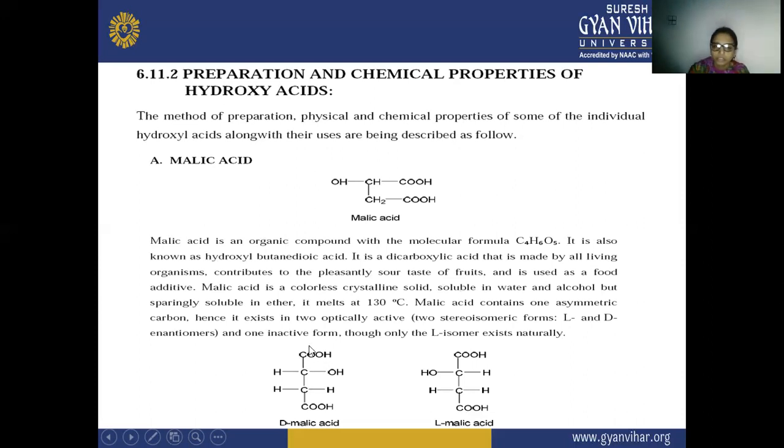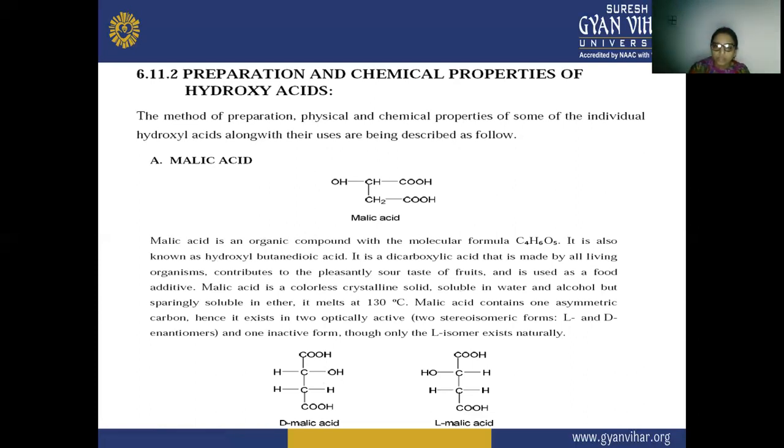This is the COOH functional group, and on the other sides are OH, H, and the rest of the chain. That is why this carbon is asymmetric, and it exists in two optically active forms.